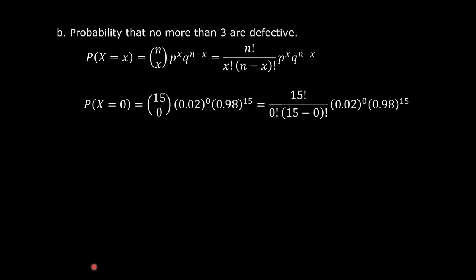This is now equal to 15 factorial over 0 factorial times 15 factorial times 0.02 raised to 0 times 0.98 raised to 15. Using a calculator, we are going to get 0.7385691.